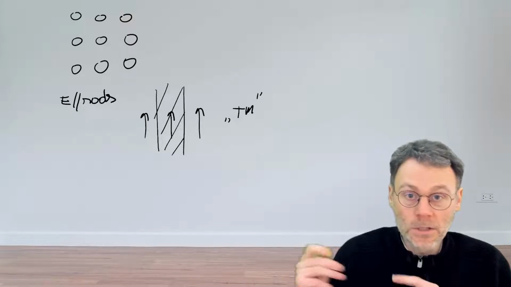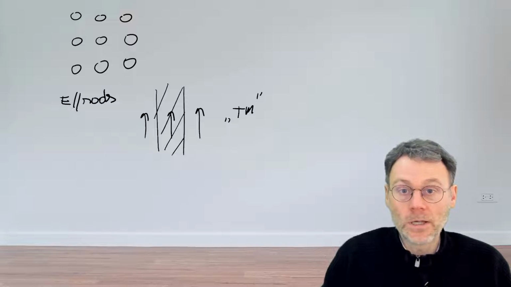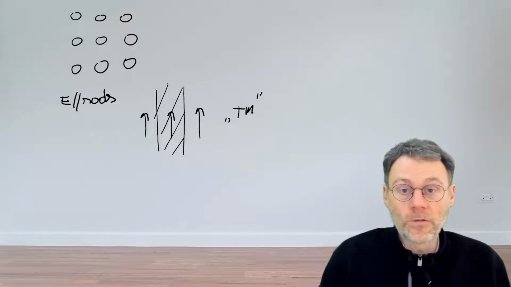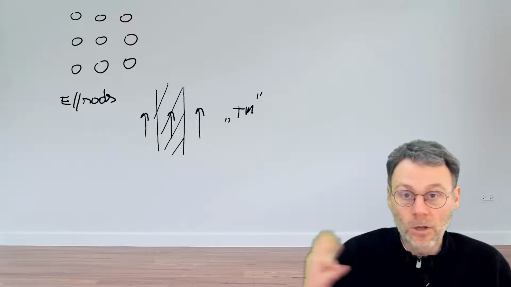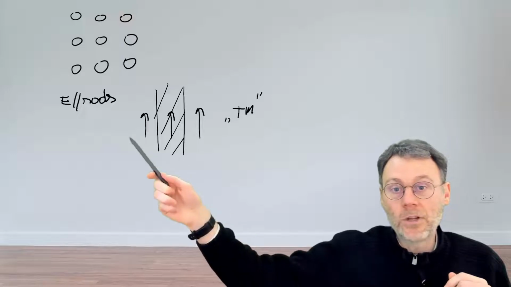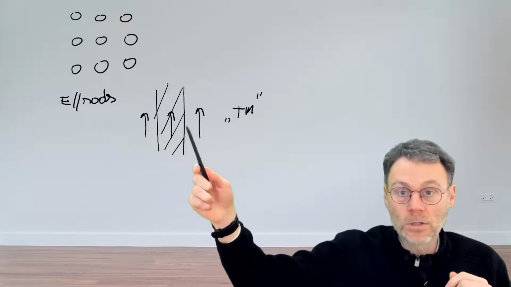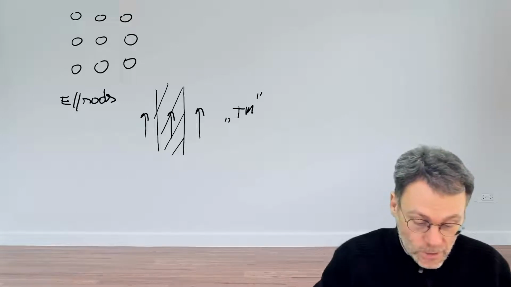Whether something is called TE or TM depends very much on the reference plane you choose to be transverse with. If you choose a different reference plane, like what people do in waveguides, for example, you might end up calling something differently. But in photonic crystals, if the electric field is parallel to the rods, like in this case, that's called a TM polarization. So that's one situation.